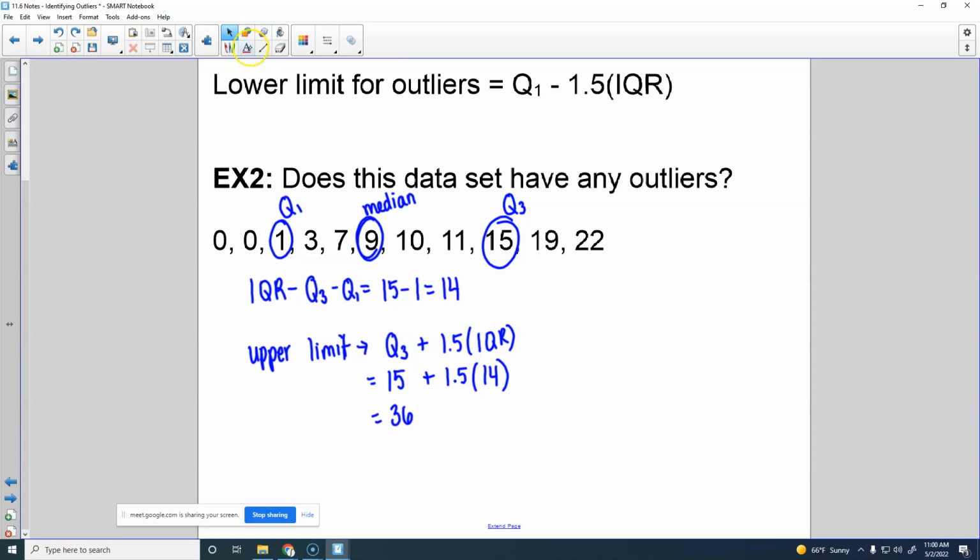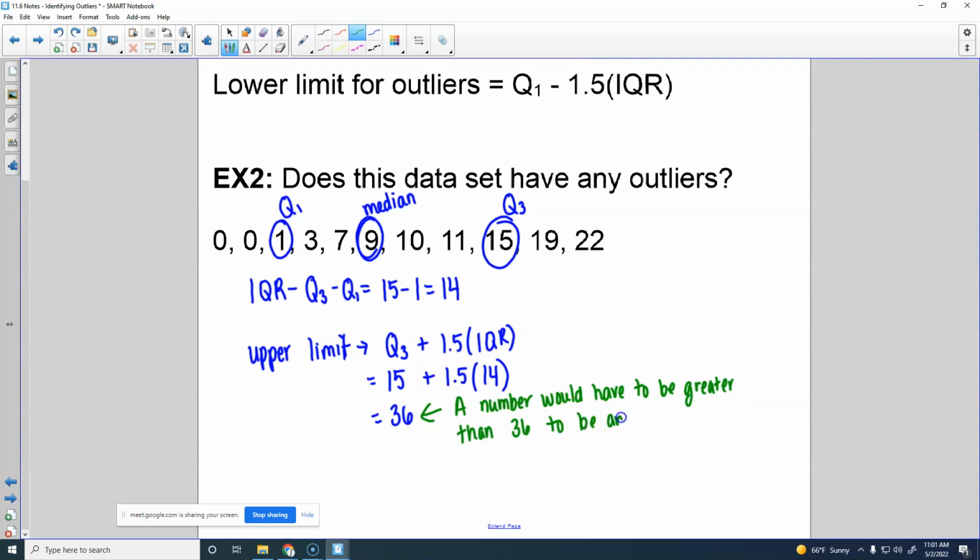Okay, what this tells me is a number would have to be greater than 36 to be an outlier for this data set.